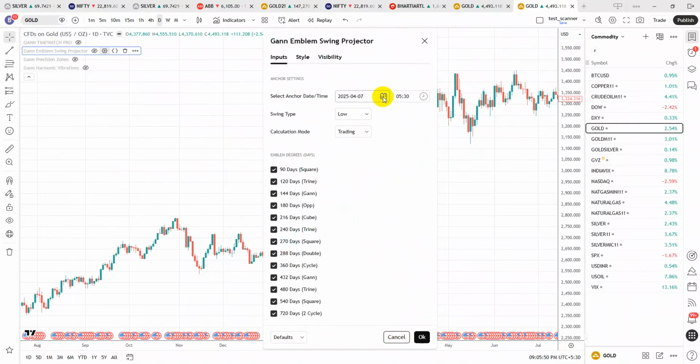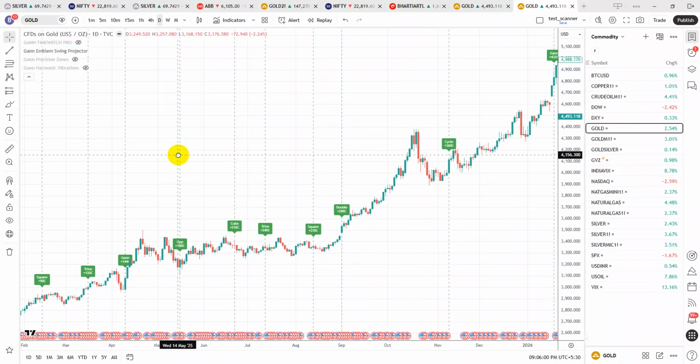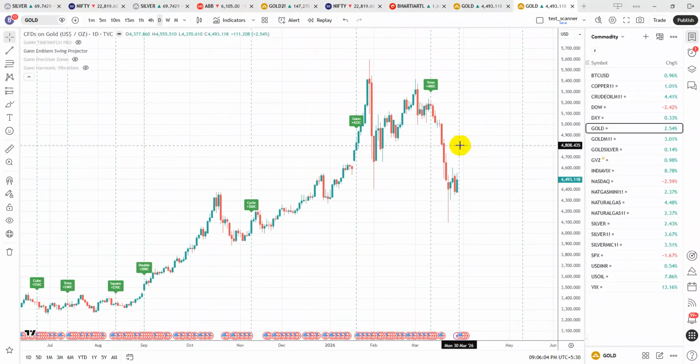Select here 14 November 24, and let's go with calendar days. Let's apply. See here, all these big moves you are able to capture in gold. Similarly, before this big down move started, it made an exact top at 480 degrees. From there, the low was breached, and see the cycle got changed completely.